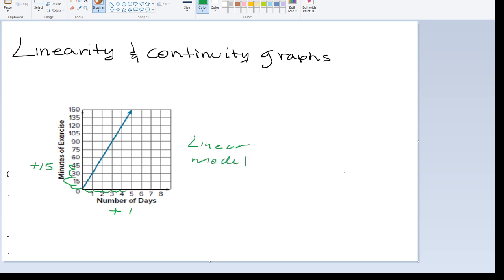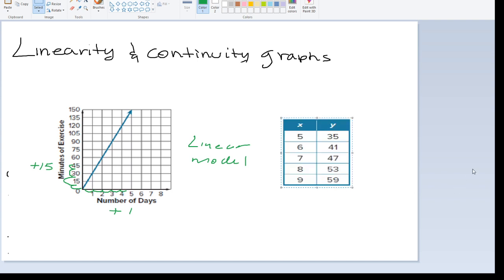And sometimes we can look at a table and decide whether something is linear or non-linear. So for example, if I look at this next table, let's consider the x values. So from 5 to 6, that's increasing by 1. From 6 to 7, increasing by 1. All of these are increasing by 1. So it looks like it may be a linear function.